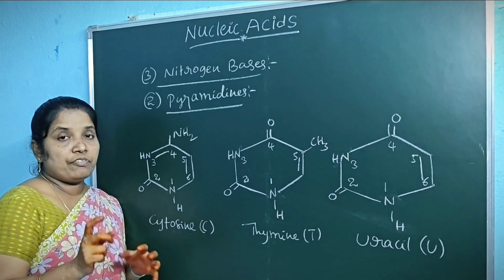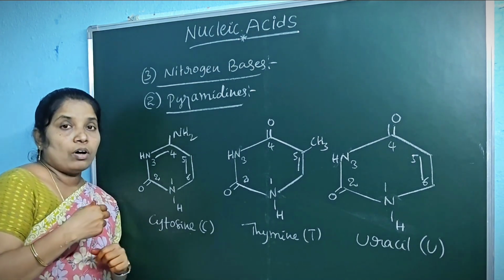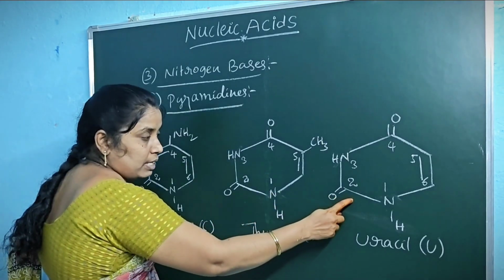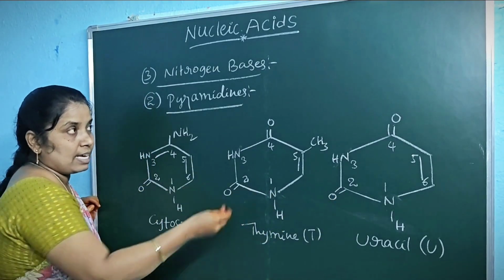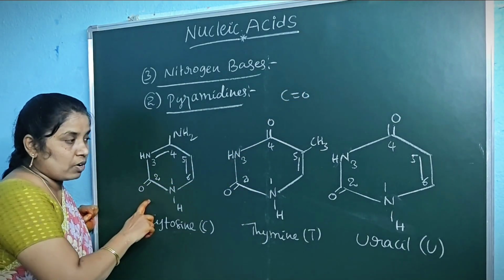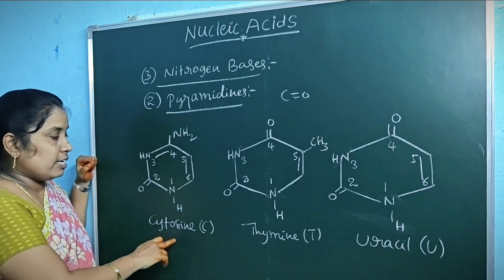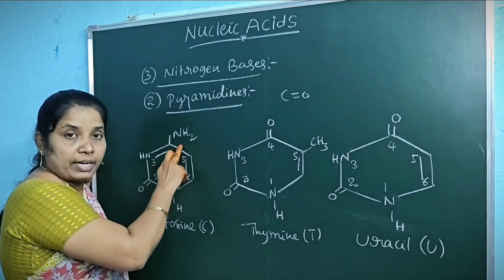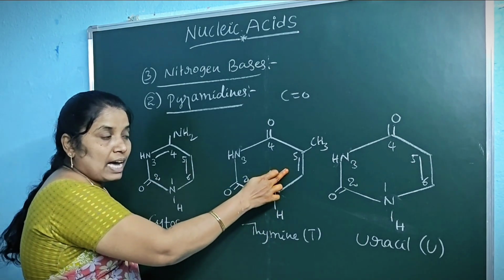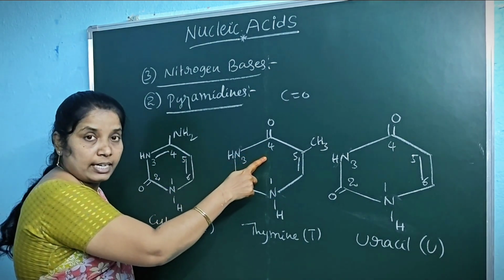So let's see first the common feature for all the pyrimidine bases. All three pyrimidine bases consist of a keto group in their second position, that is a C double bond O group. That is common for the three pyrimidines. But the difference is, cytosine consists of an amino group at the fourth position, whereas thymine consists of a methyl group at the fifth position, and also the fourth position consists of a keto group.